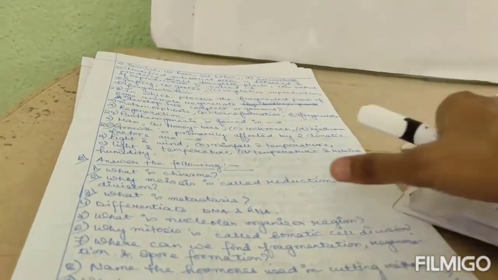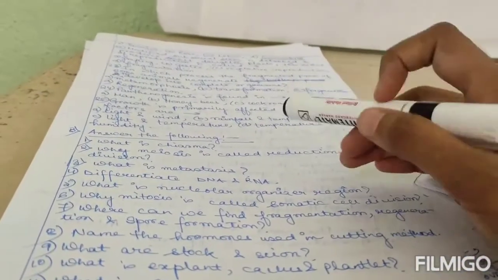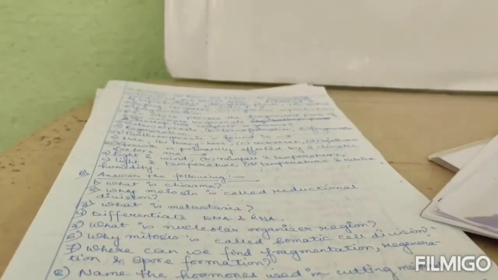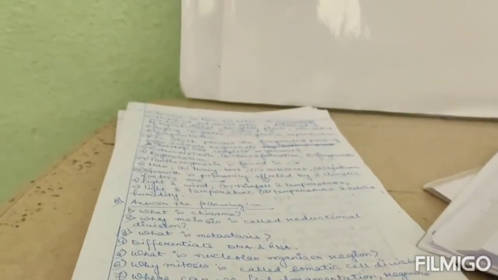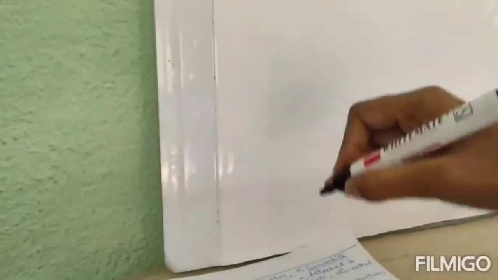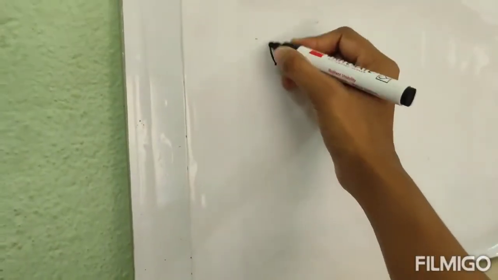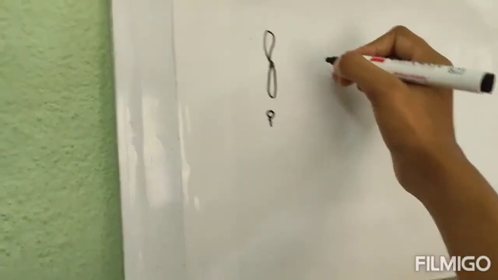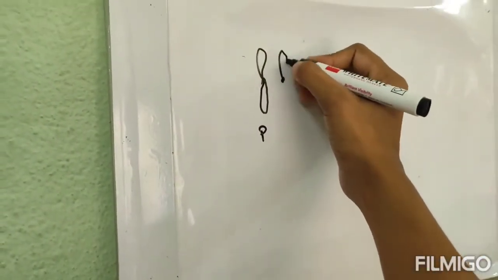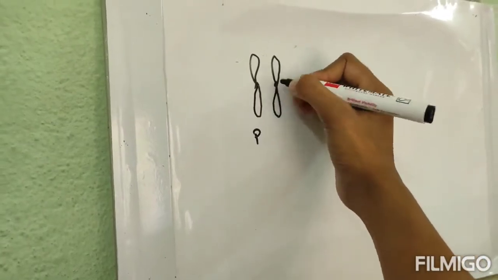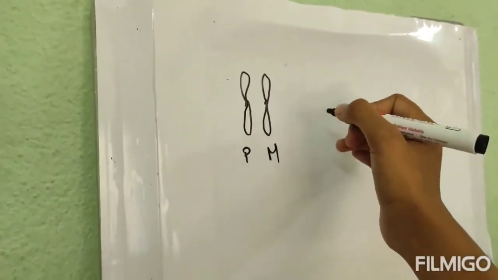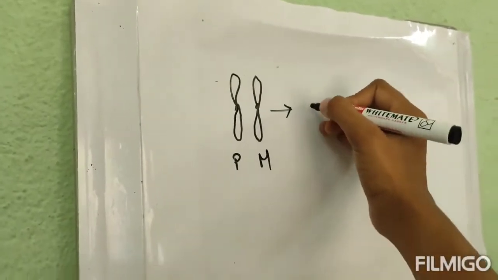So the first question over here is what is chiasma? As I have told you in the chapter while explaining the meiosis part, this is the chromosome from the paternal side, and suppose this is the chromosome from the maternal side. Now obviously these two chromosomes will exchange their segments.